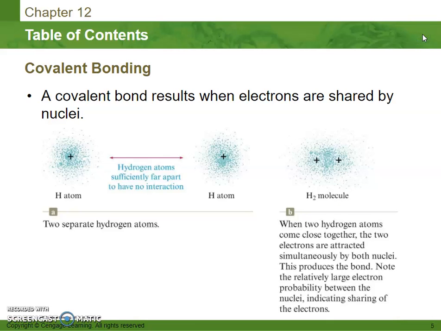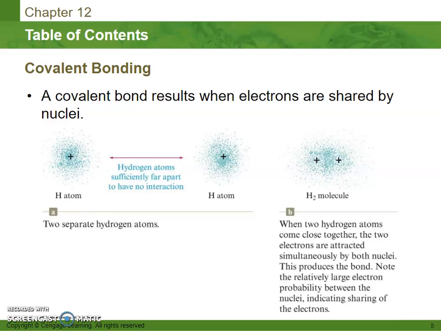A covalent bond happens when two atoms share electrons. See, all atoms are trying to get to that stable electron configuration of a noble gas. And they will do whatever it takes to get to that noble gas configuration. They will beg, borrow, and steal.